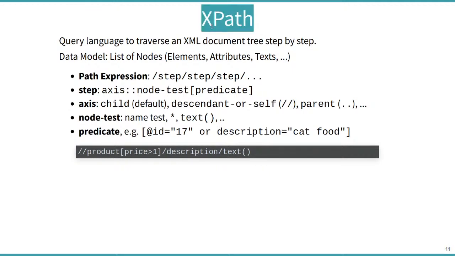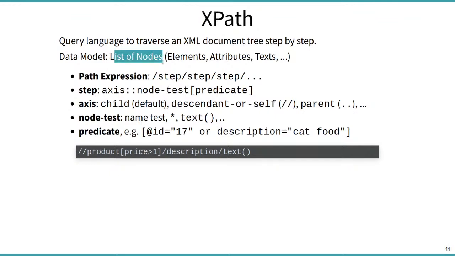the data model is a list of nodes. An XPath expression gets as an input a list of nodes, for example an XML document, and it produces a list of nodes. And nodes, you all know, elements, attributes, text. The other nodes are not so important. The node types, processing instructions, comments, and so on.